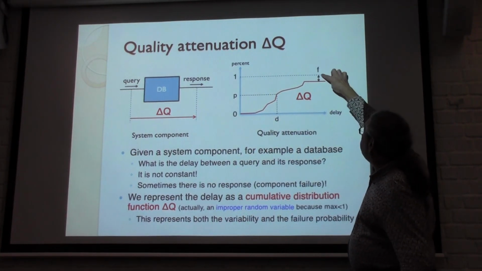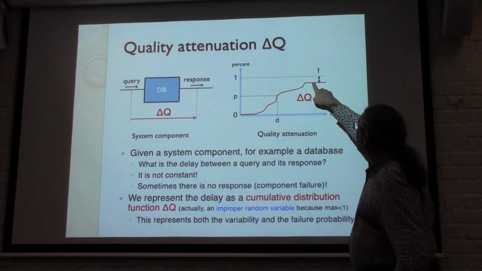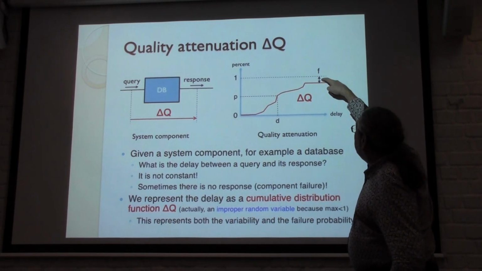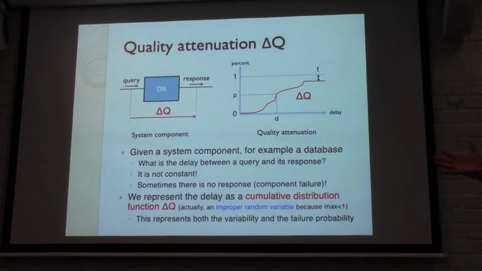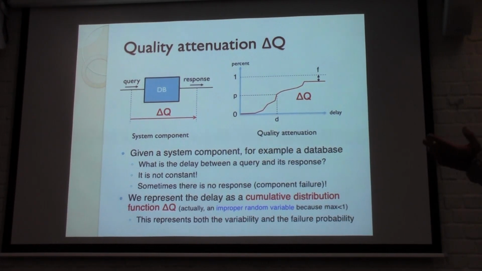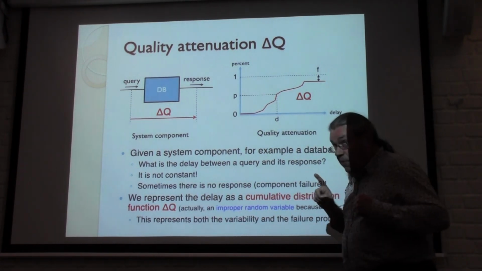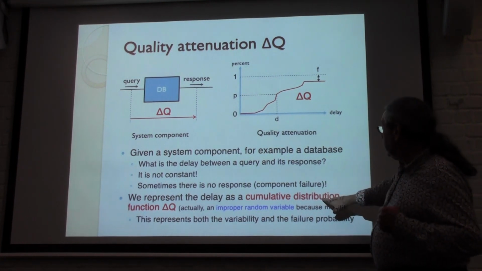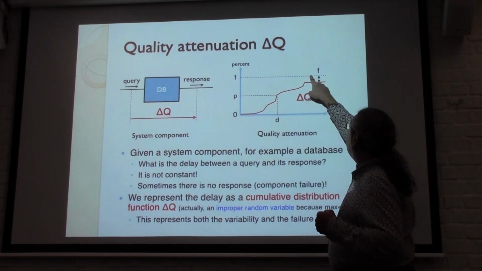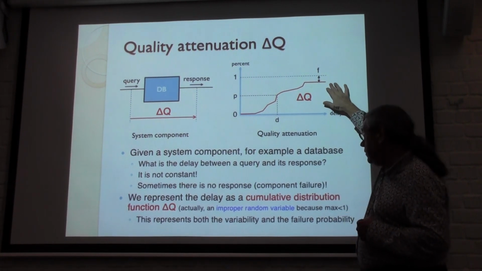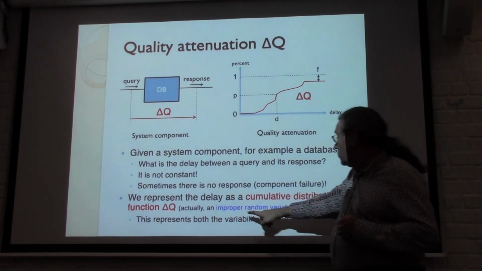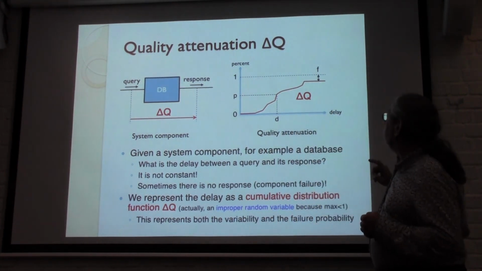But it also models failure. Maybe the maximum here is less than 1. Maybe there's 5% of the queries that give nothing. And so it's not technically, mathematically, a cumulative distribution function, which will go to 1, but this function sometimes stops less than 1. So technically it's called an improper random variable.